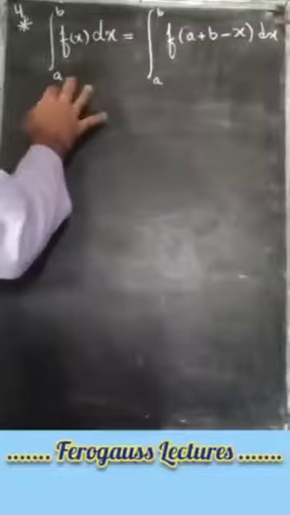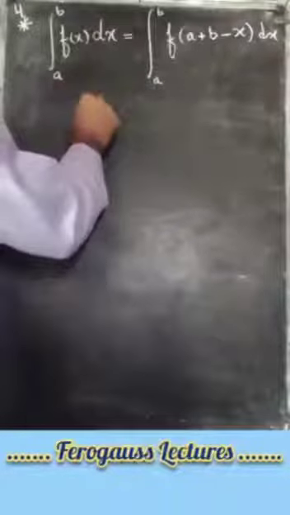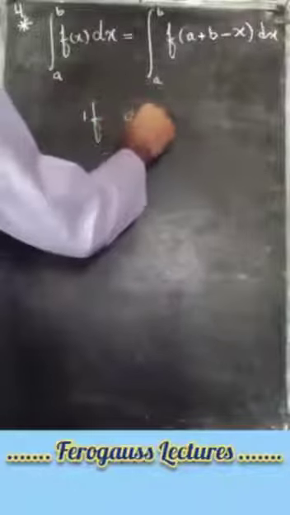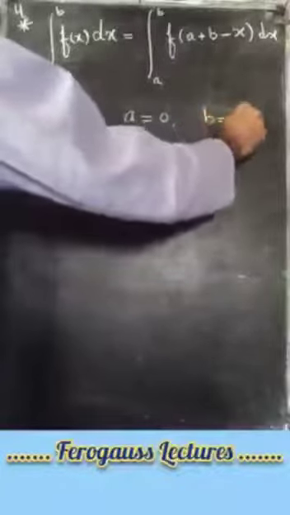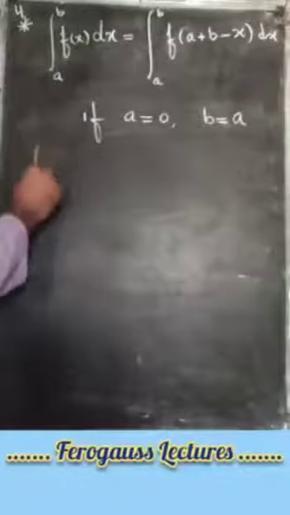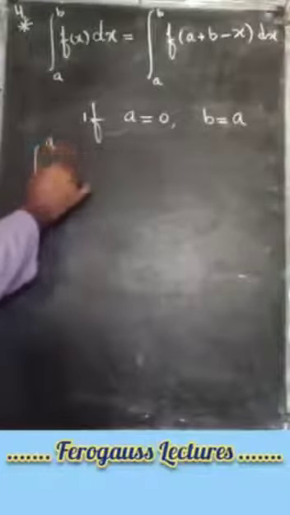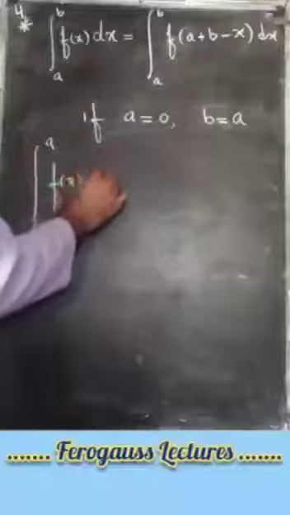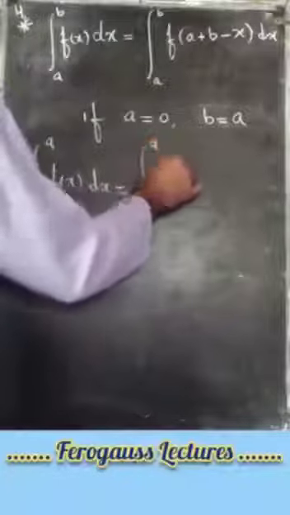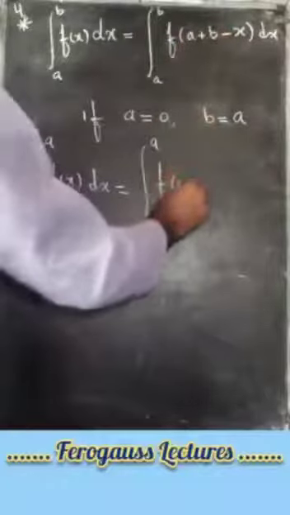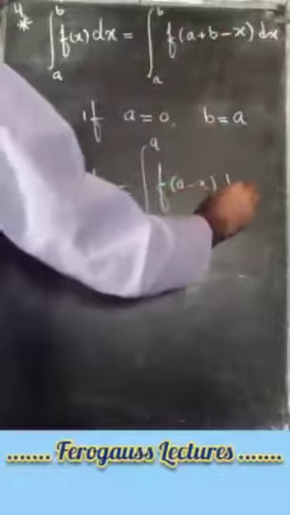Now, let us take a special case of this property. If a is equal to 0 and b is equal to a, then we can write integral 0 to a f of x dx is equal to, a is 0, b is a, so we get f of 0 plus a, that is a, minus x dx.